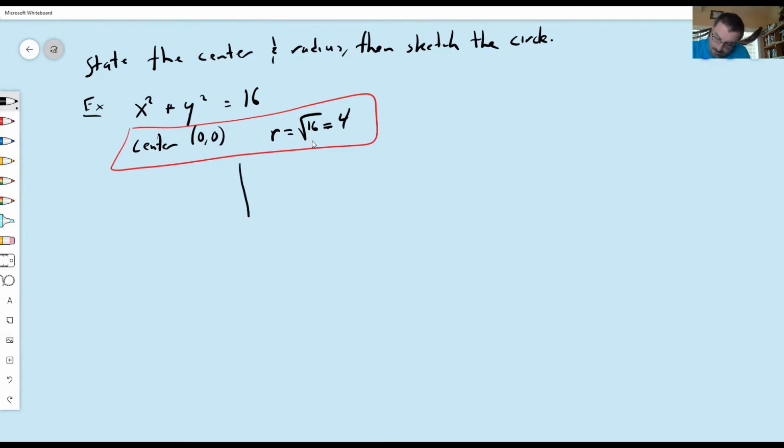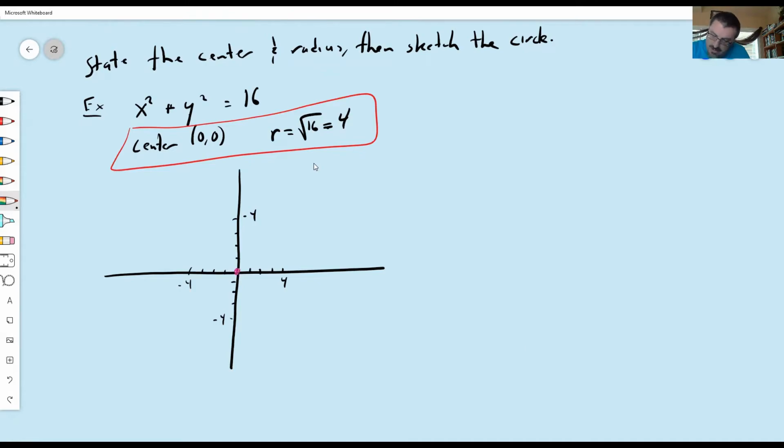The other part. One, two, three, 4. So here's my center, 0, 0. 4 to the left is 1, 2, 3, 4.